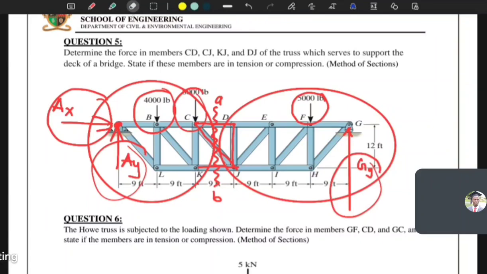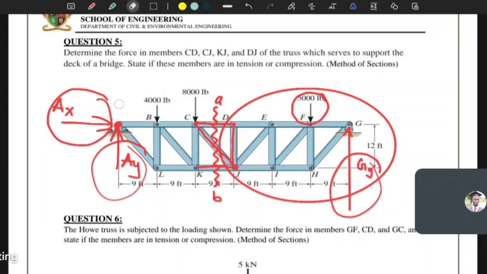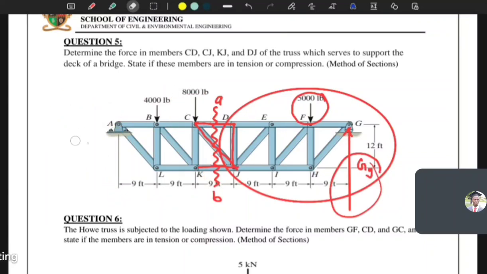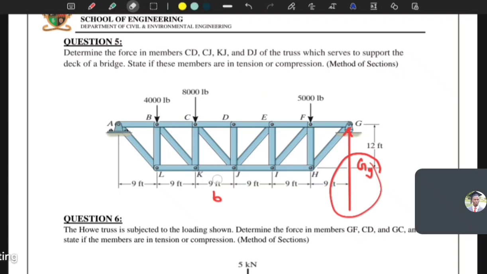So I'll work with the section to the right. I only have to worry about the reaction at G. So before I go on with my section, I need to find the reaction at G.